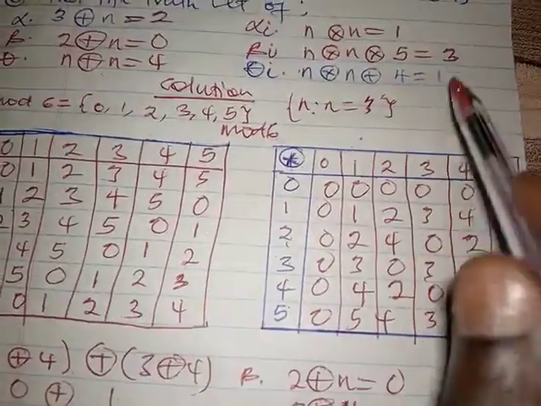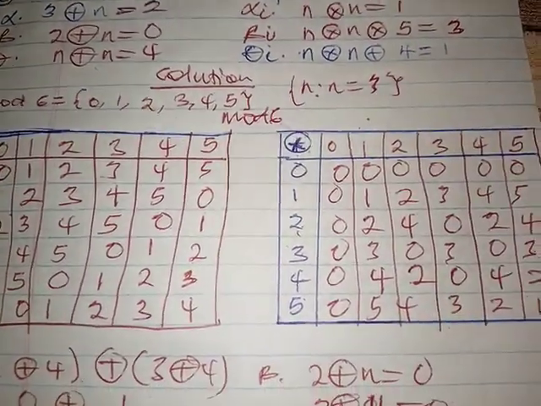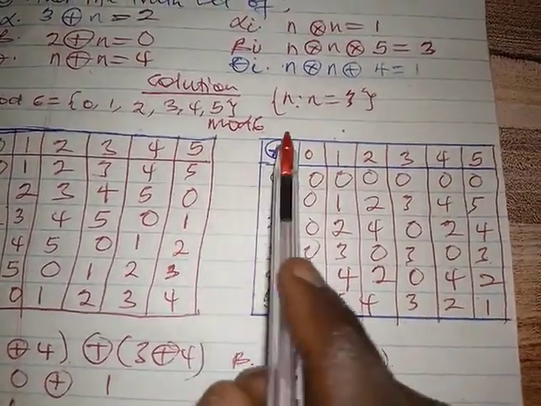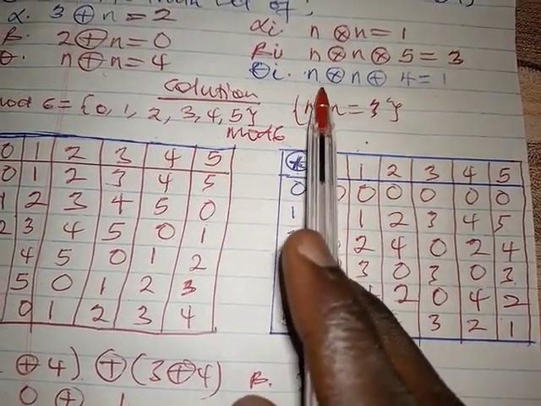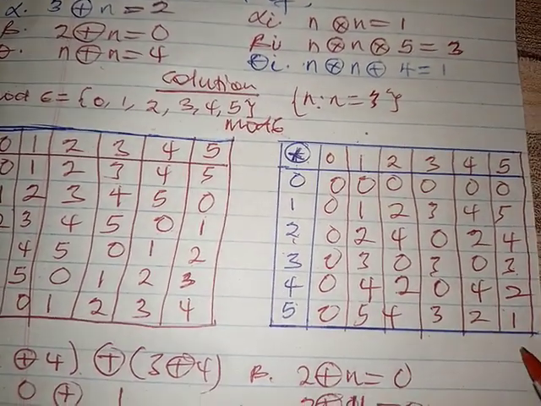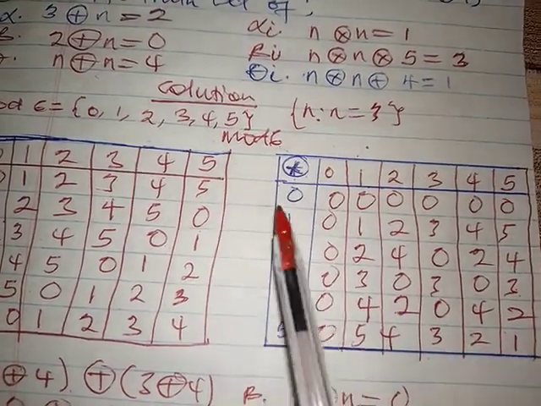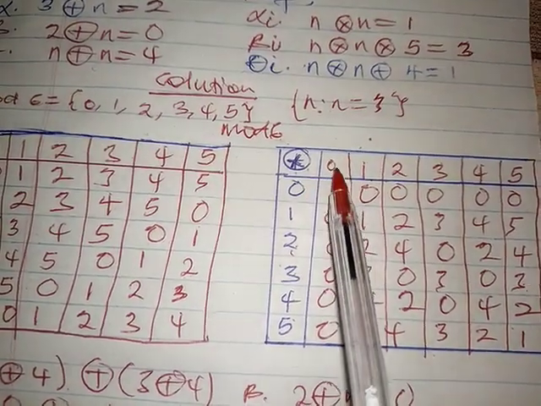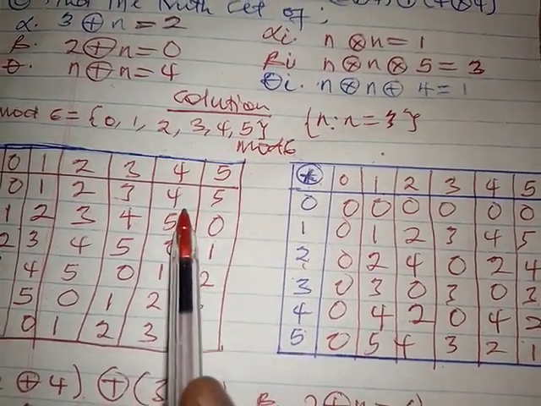That's for this problem. Let's look at the last one: n times n plus 4 equal 1. So we need a number that, when you multiply it by the same number, and you add 4 to the answer, you get 1. So let's look for 1. Let's try with 0. 0 times 0 is 0, and 0 plus 4 is 4, which is not true.